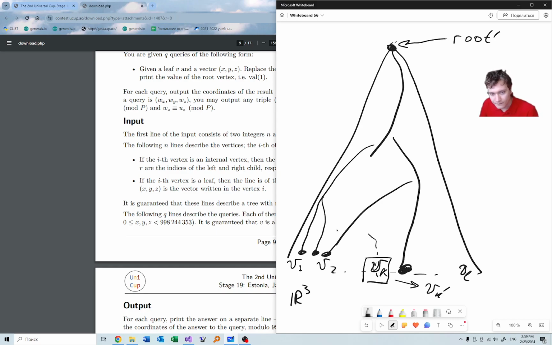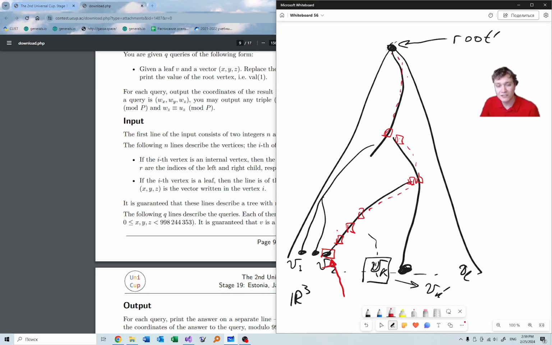Then, what do we want to do? Actually, when we update some vertex, some leaf, the only vertices that are updated are on the path from this vertex to the root. So only these vertices have something updated.